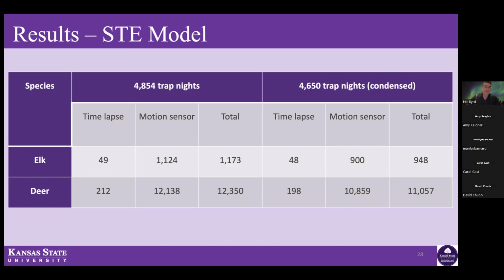So we had to condense our trap nights. We condensed it to where it was 30 minutes after the last camera was installed to 20 minutes prior to the first camera being shut off. And with that, we had our condensed data depicted right here of 948 pictures of elk and just over 11,000 pictures of deer.